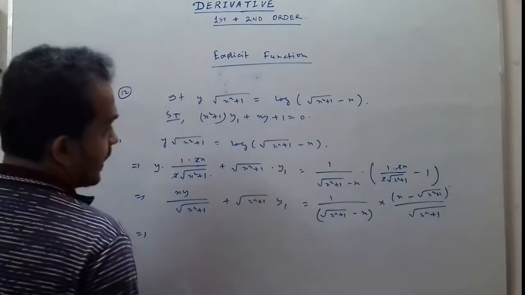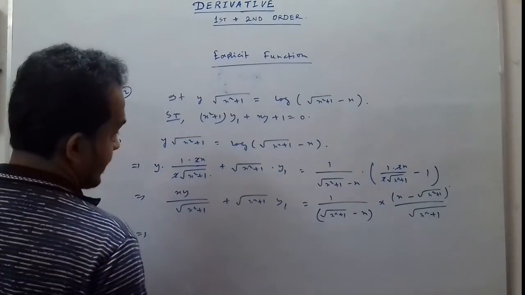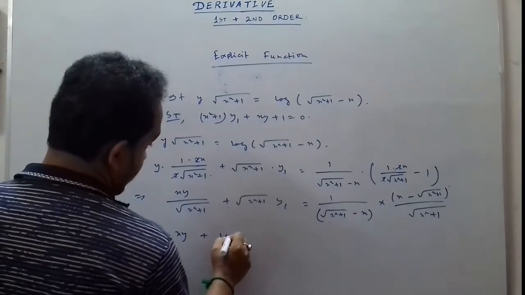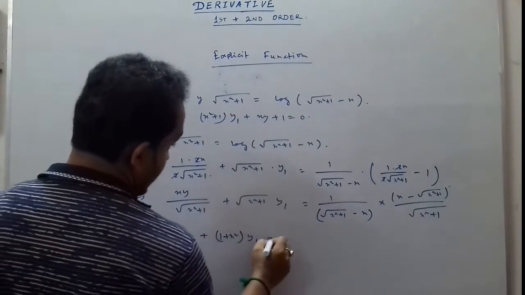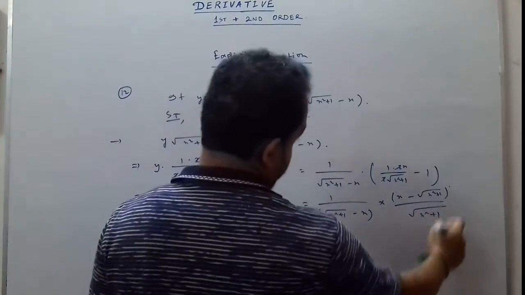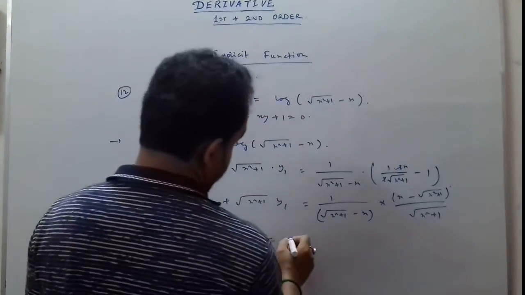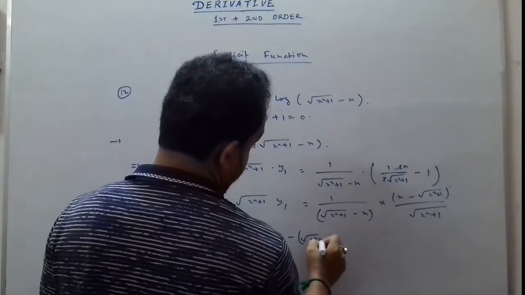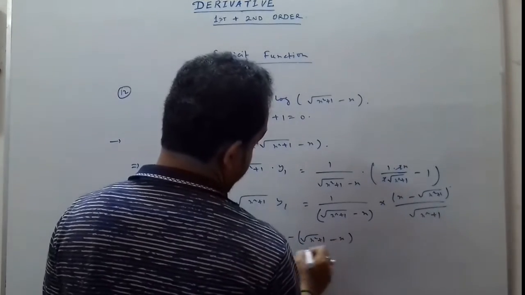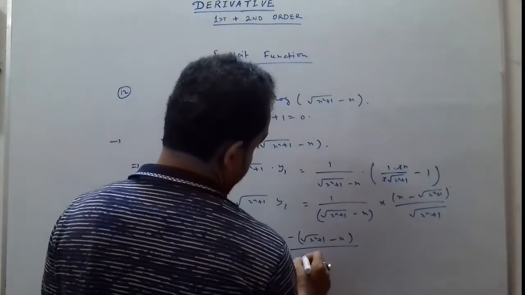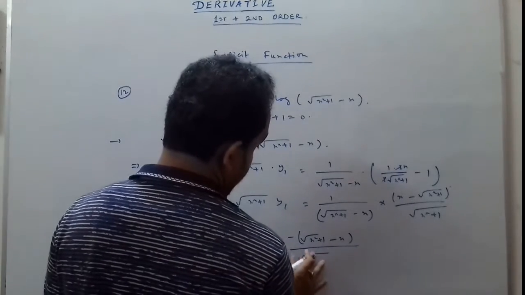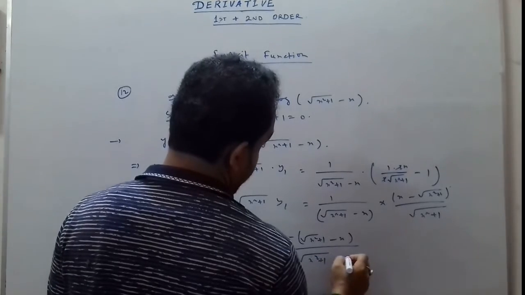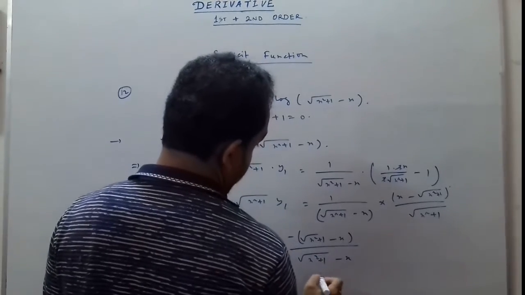Multiplying by root over x square plus 1, we get xy plus 1 plus x square into y1. On the right side, cancelling, we will get minus, taking negative common, root over x square plus 1 minus x, divided by root over x square plus 1 minus x.